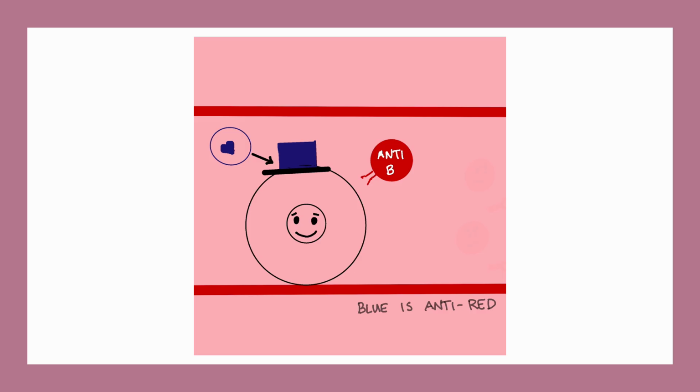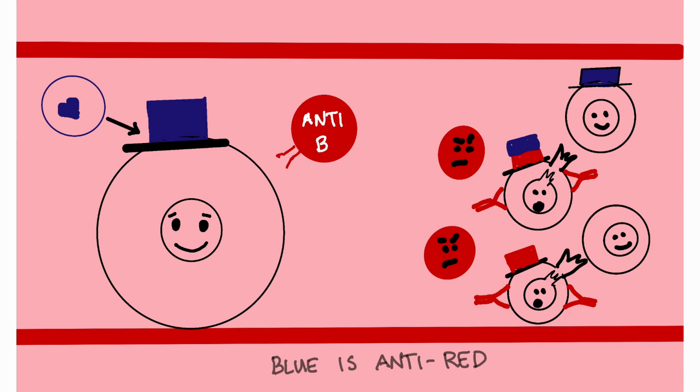These type B antibodies have been in me my whole life. So someone who is type A can get transfusions from someone who is type A or someone who has no antigen at all. That would be someone who is type O. You see these other two guys, the AB and the B, they're getting whacked.